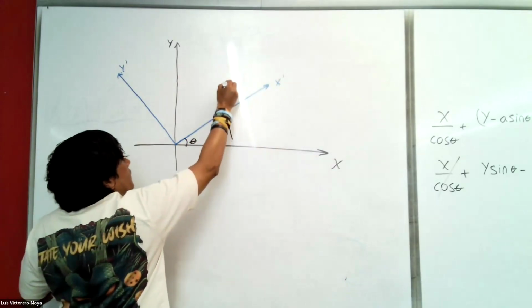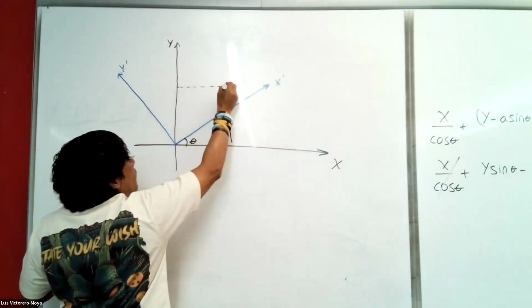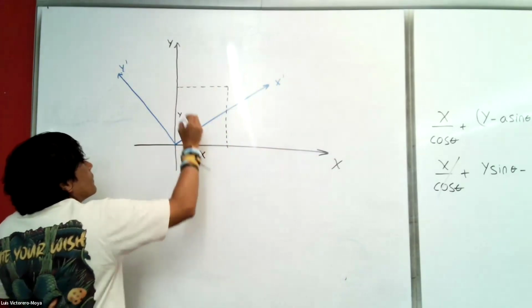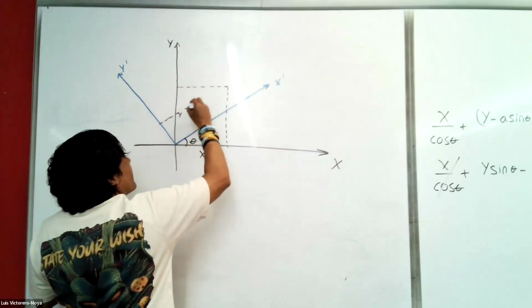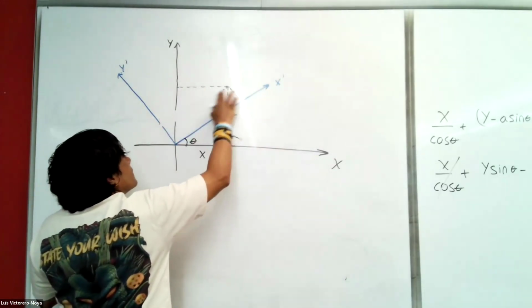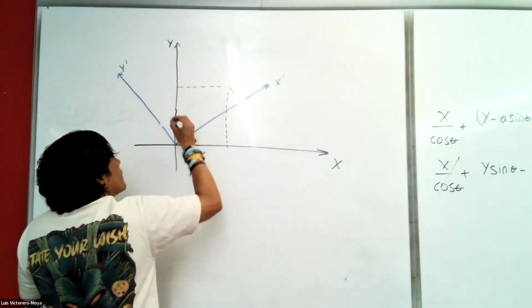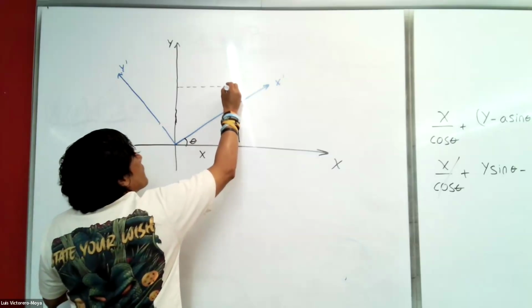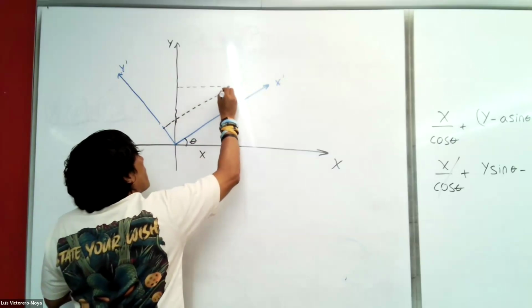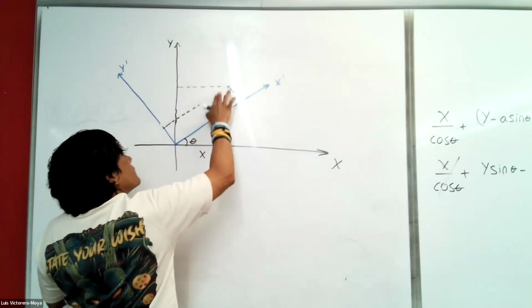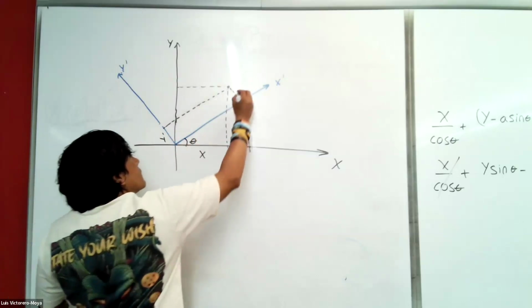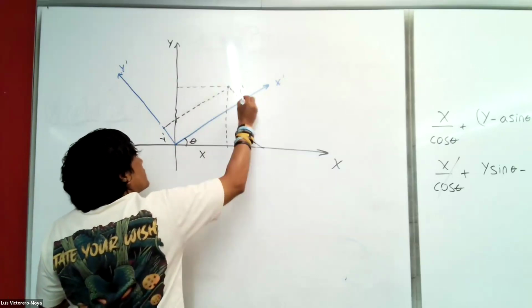So you have a point here. You have the x and y of the point, but you also have the y prime and the x prime.